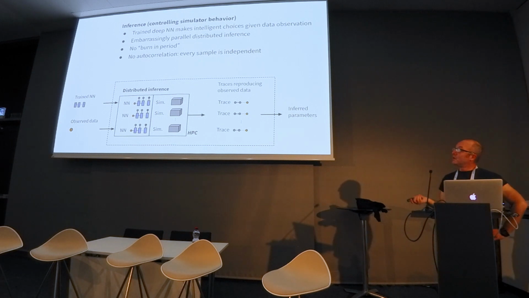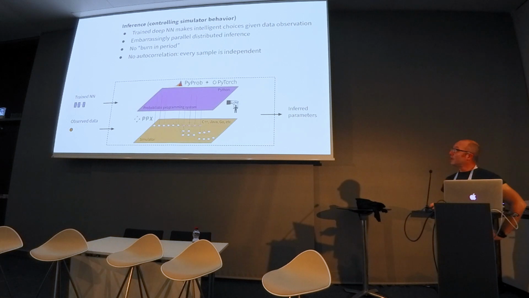There are many advantages with this, but there is nothing like a burn-in, and there is no autocorrelation, because basically each run of this neural network corresponds to an independent sample from the approximate posterior. Another way sometimes we show this is: you have the probabilistic programming or machine learning system here on the top, and you have the simulator in the bottom.